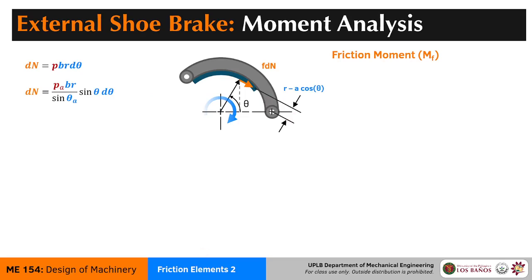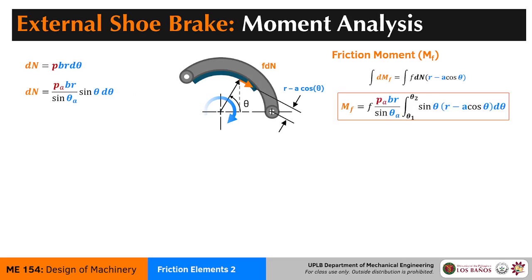If you go all out on the derivation, the integral of the differential of the frictional moment is equal to the force times the radius, so this friction dN times the radial arm. And if you go on to derive it, you'll get this function here.